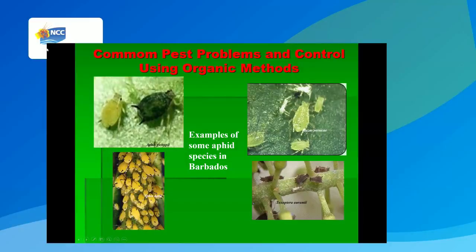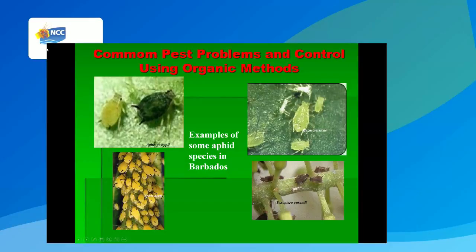And I must add here, though, that these sucking pests tend to proliferate during the drier times of the year. And why? Because it is then that the plants are under water stress.